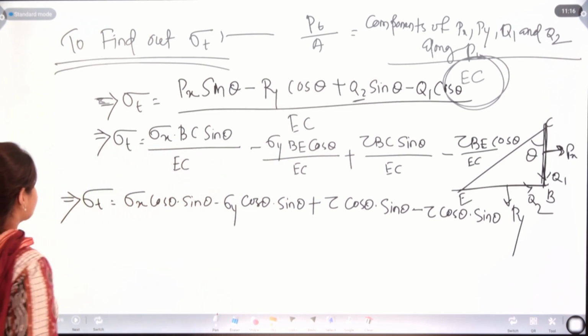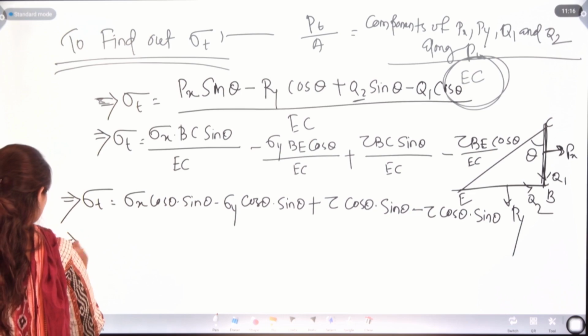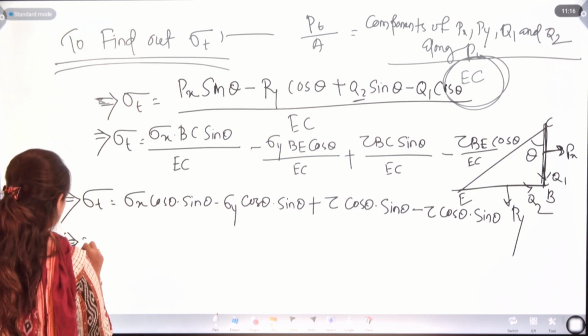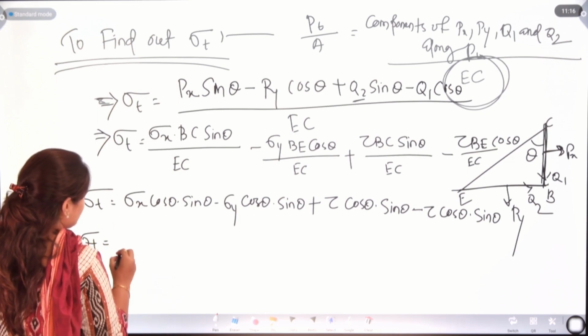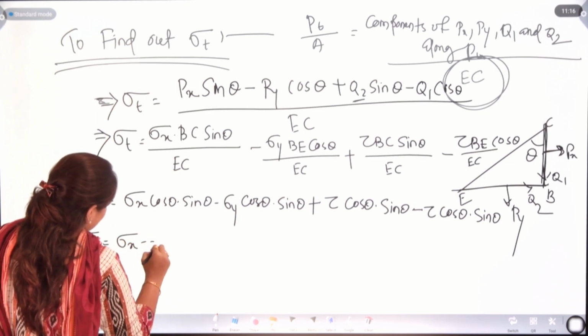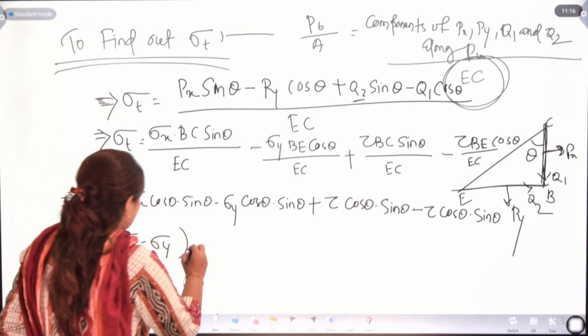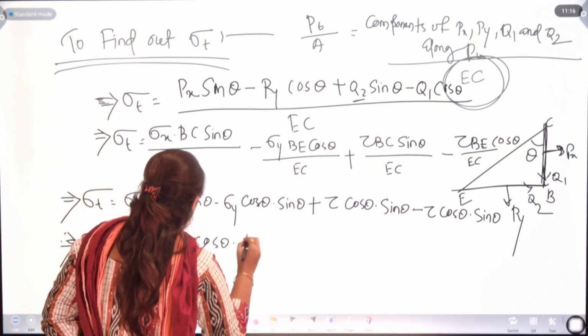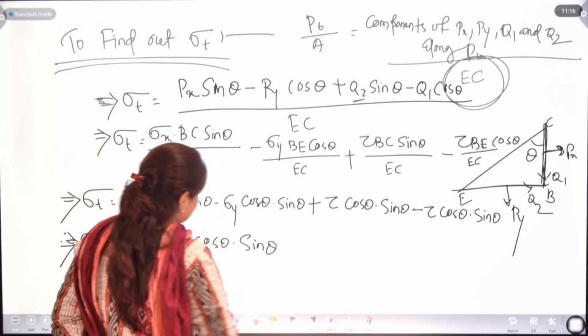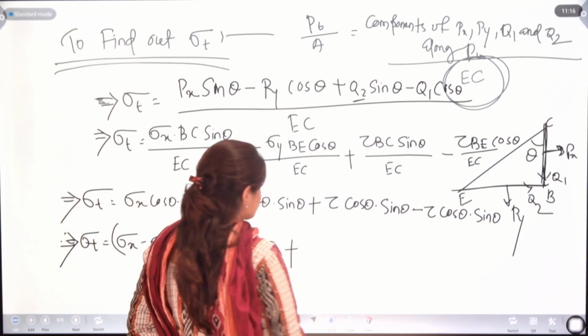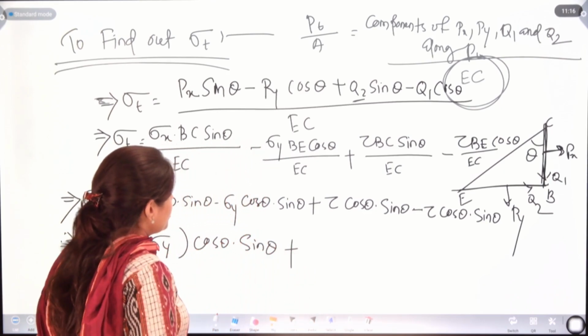So we will have here this as sigma x minus sigma y into cos theta into sin theta.